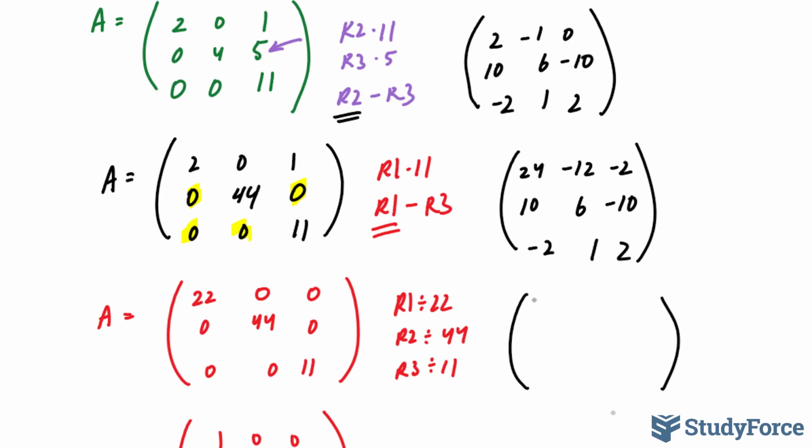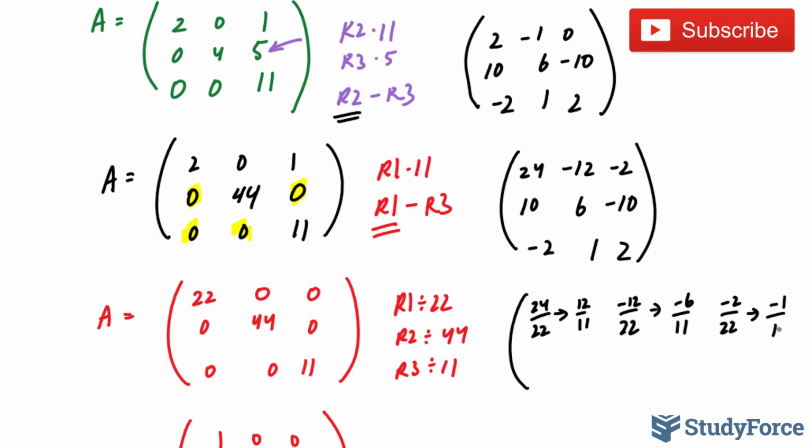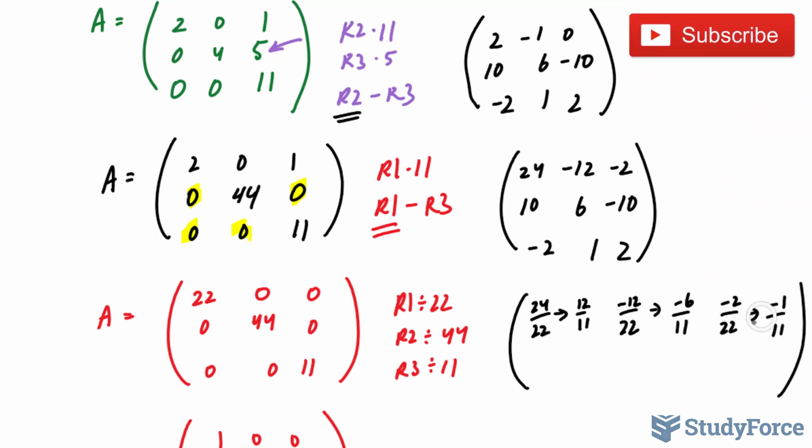That gave us 24 over 22, which becomes 12 over 11. Negative 12 over 22, which became negative 6 over 11. And negative 2 over 22, which became negative 1 over 11. All I'm doing is reducing these fractions.